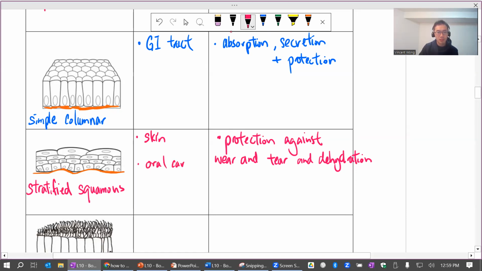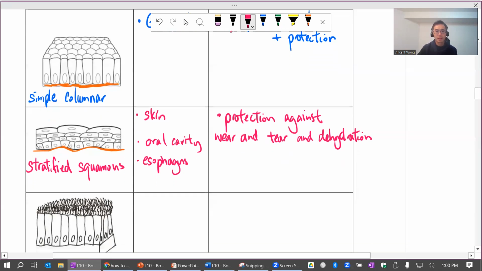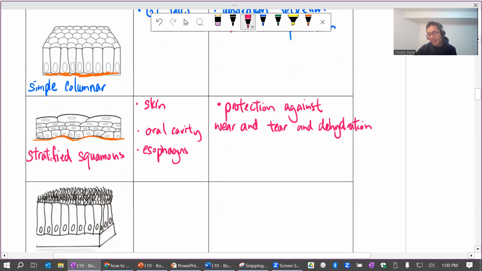That's more appropriate. Esophagus, that's the tube that connects the throat to the stomach, right? Some are keratinized, like the ones in the skin, and the ones inside the body are not.